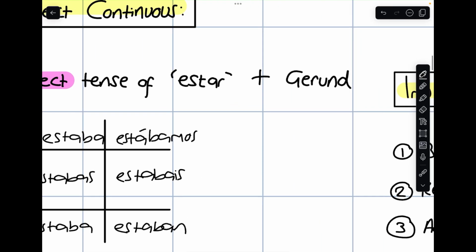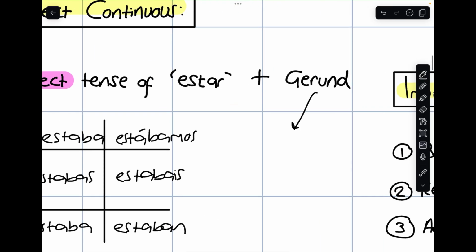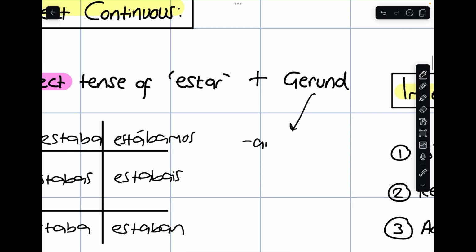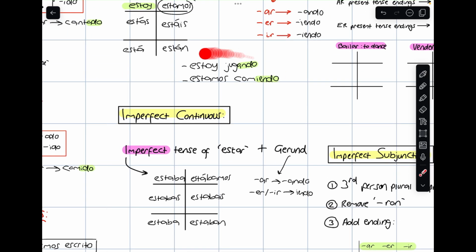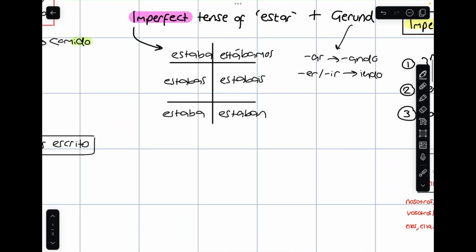And the gerund is formed in the exact same way as in the present continuous. So for my AR verbs, I take off the ending and add on ando. And for my ER and IR verbs, I take off my ending and add on yendo. So using the same examples as before, to say I was playing, I would take the I form of estar in the imperfect. So that's estaba.